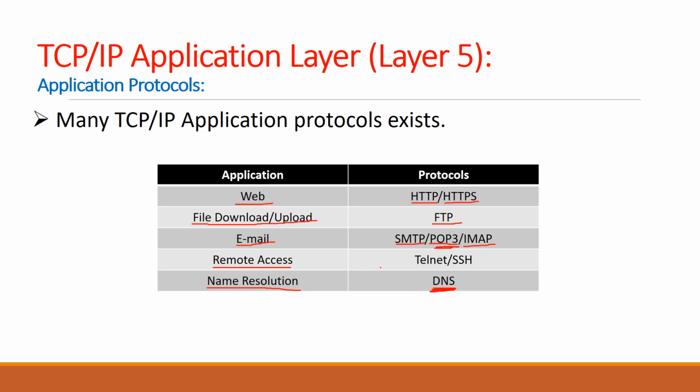For remote access, we use either Telnet without added security or Secure Shell with encryption to secure the data. You can search for any other protocol using any online search engine that works at the application layer of the TCP/IP networking model.